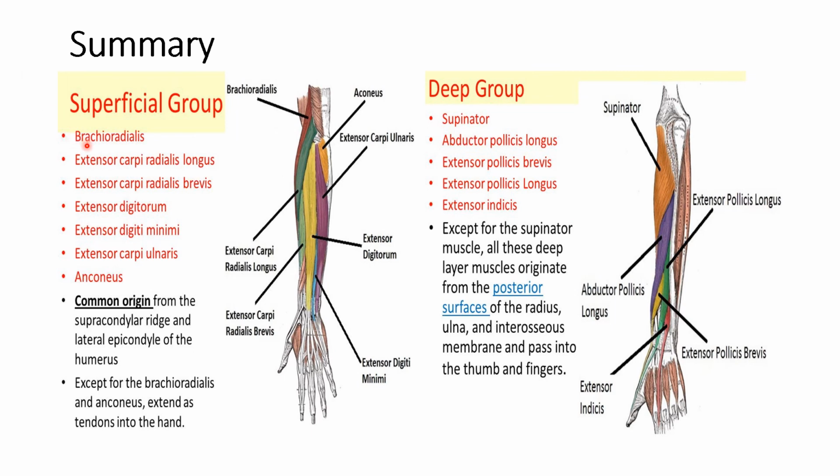The brachioradialis and extensor carpi radialis longus are supplied by the radial nerve, and the rest of the muscles are supplied by the deep branch of the radial nerve. In the deep group, the supinator is supplied by the deep branch of the radial nerve, while the rest of the muscles are supplied by the posterior interosseous nerve.